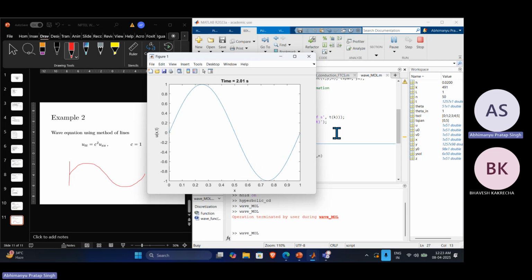We have not used any damping, so this will continue to move. If we use some damping terms, then the string will continue to lose energy, and eventually it will reach a steady state at u equal to 0 for all time.